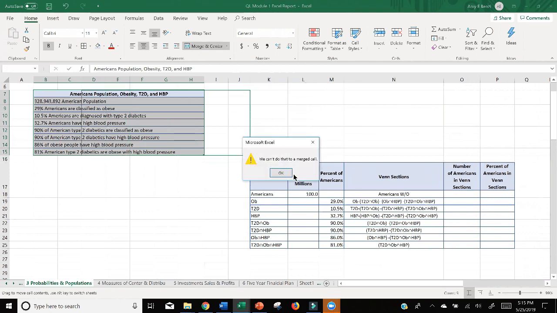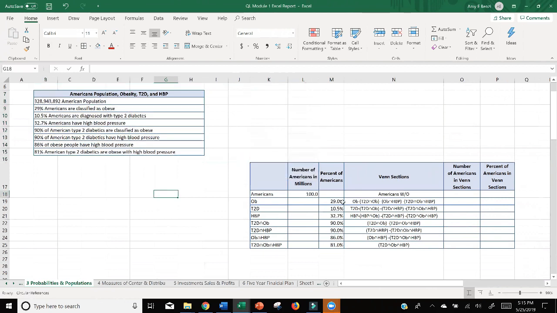It won't work anyway, so that's all right. 29% of Americans. So in this cell under obese, I'm going to put an equal sign. That's 29% of, that means multiply, of Americans. Now, 10.5% of Americans are diagnosed with type 2 diabetes. So now here we have 10.5% of, that's multiplication, Americans are diagnosed with type 2 diabetes.